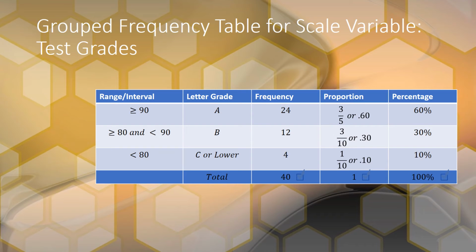And so we got 0.60 for people who got an A, that's 60%. 30% got a B, and 10% got a C or lower. So the main thing is that whatever you do with a categorical variable, you can also do with a scale variable, but sometimes you need to group them because sometimes there's a lot of values. And sometimes there's a lot of values in categorical variables, which just happens less often.